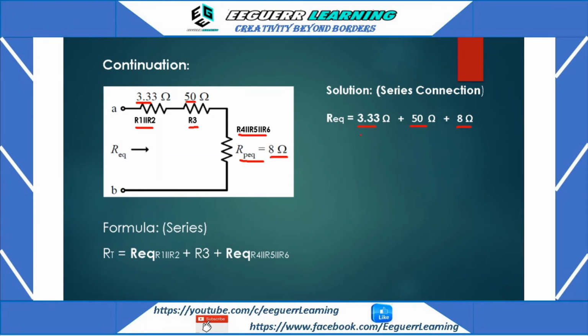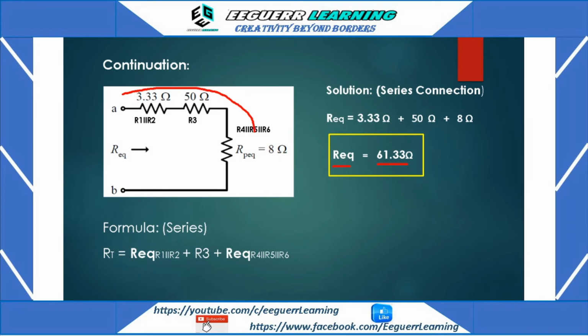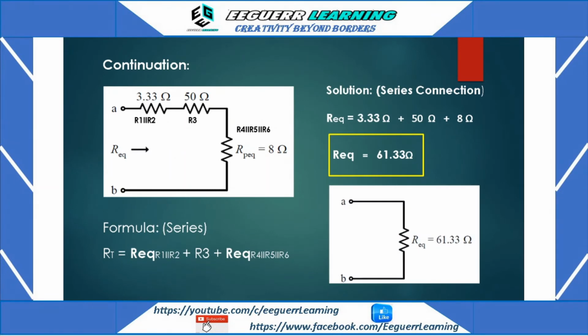So combining or adding these values will give us the total resistance, or R equivalent, of 61.33 ohms total resistance for this circuit. Okay, so let us check. And here is our new combined circuit.